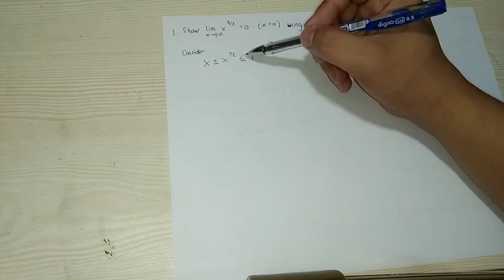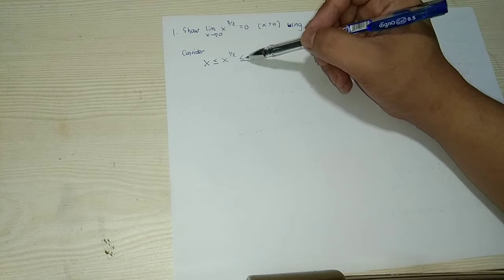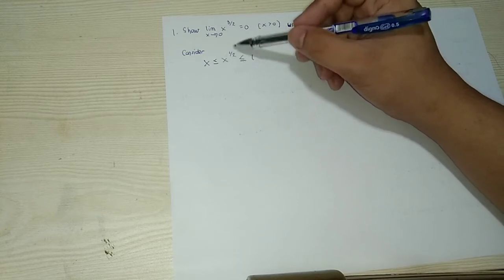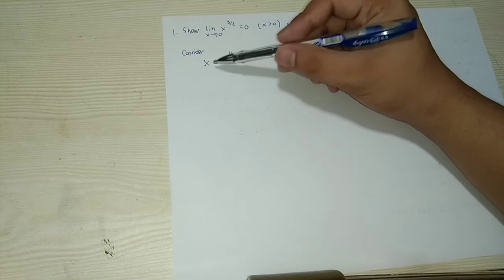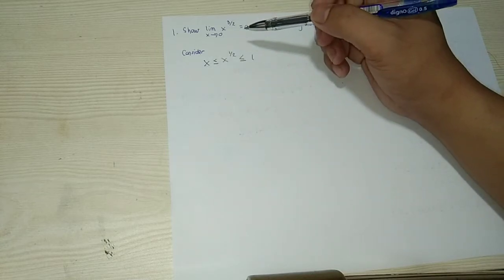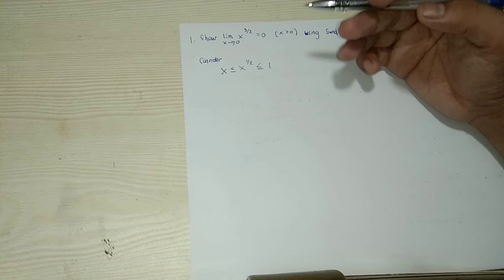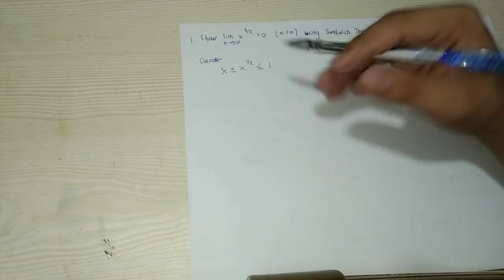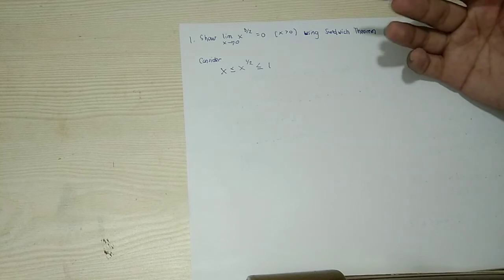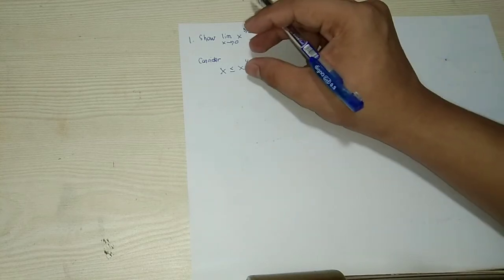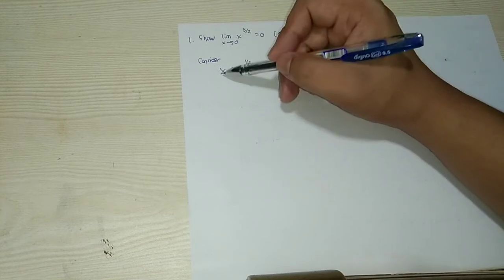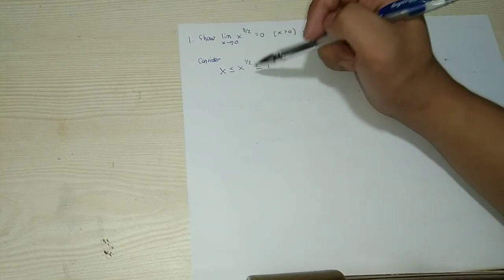So kapag pinag-uusapan natin yung less than 1, that is a fraction. Okay? At kapag fraction ng pinag-uusapan, mas mataas ang naka-square root kaysa dun sa root. Or kahit imagine niyo na lang na yung root sa fraction kapag in-square mo, mas lumiliit. Okay? Kaya itong x raised to 1/2, kapag in-square mo, which is x, mas maliit siya.